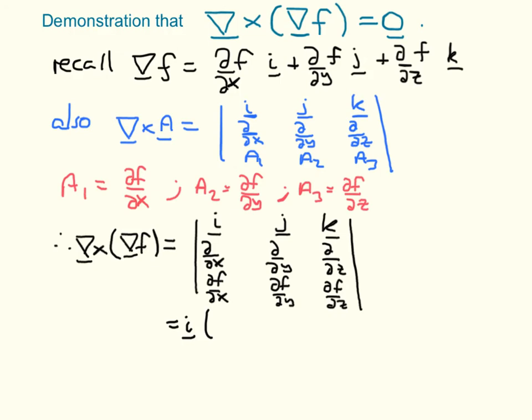So we're going to have d2f, or the derivative with respect to y, on the derivative of df dz, minus, and then it's d by dz on df dy.